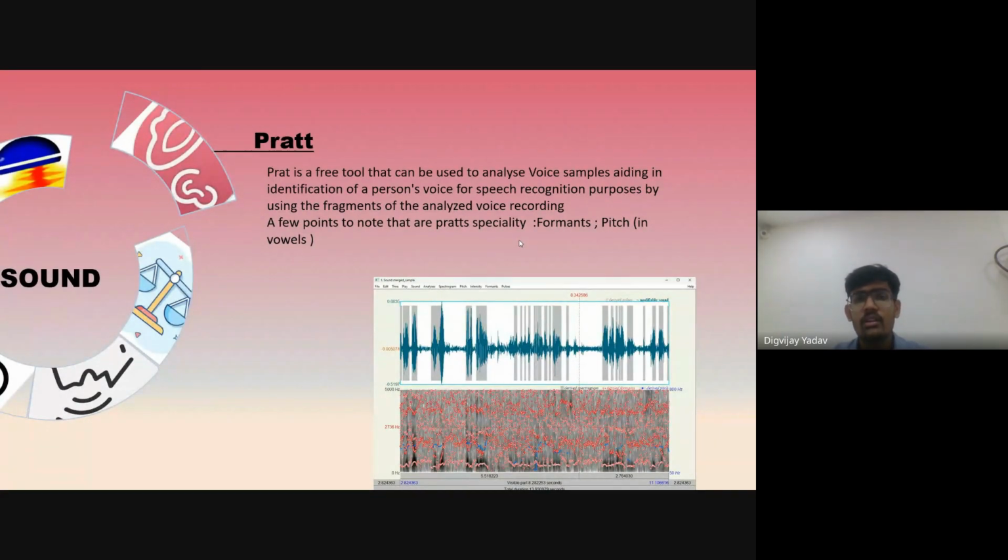So if you have a specific audio sample, you can segregate the audio in Audacity, save it as a file, and then load it back in Praat. So it becomes a way easier way to analyze everything that is in the audio.